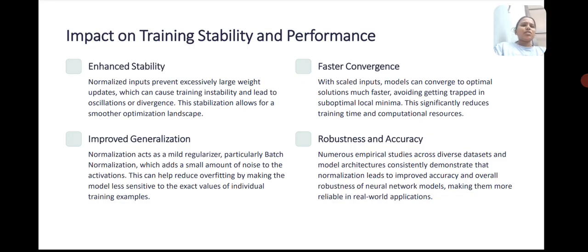Next, robustness and accuracy. Numerous empirical studies across diverse datasets and model architectures consistently demonstrate that normalization leads to improved accuracy and overall robustness of neural network models, making them more reliable in real world applications.